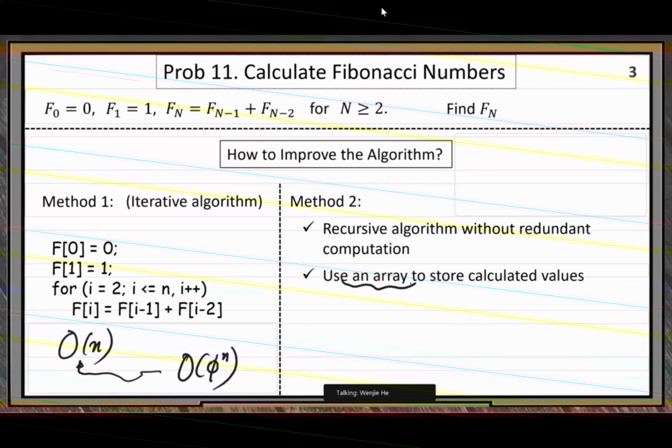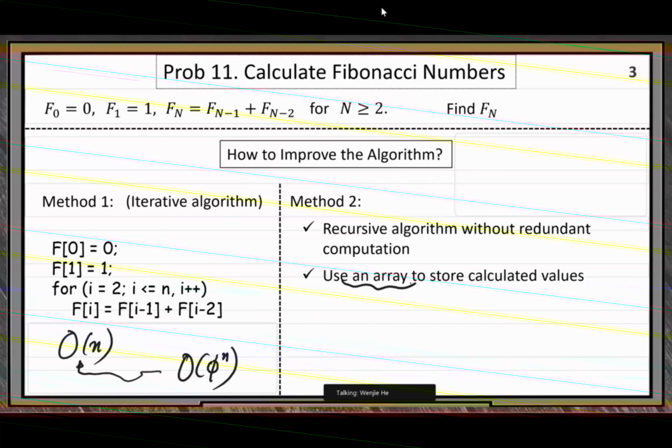Intermediate Fibonacci numbers, not the final one. Our goal is to find the final Fibonacci number, but when we find it, we need to calculate a lot of intermediate Fibonacci numbers. Those intermediate Fibonacci numbers, you do not throw away. You store all of them in a simple array.